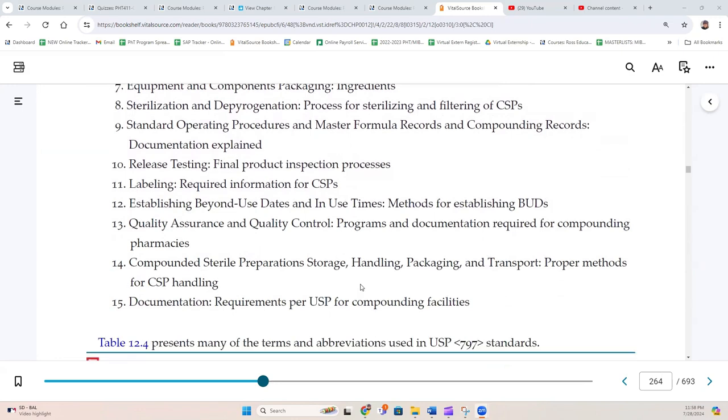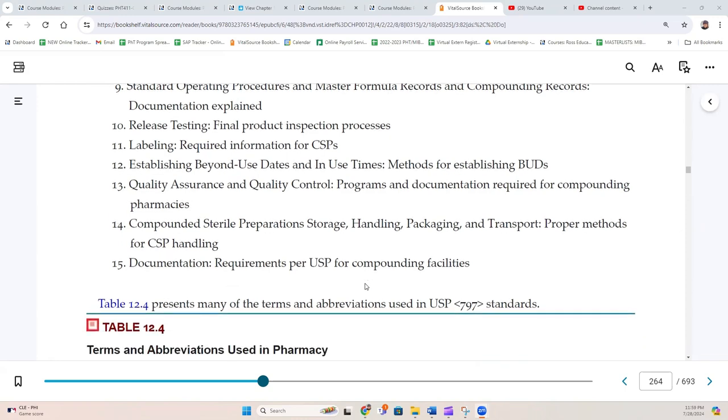Documentation explained. 10, release testing, final product inspection processes. 11, labeling, required information for CSPs. 12, establishing beyond use dates and in use times, methods for establishing BUDs. 13, quality assurance and quality control, programs and documentation required for compounding pharmacies. 14, compounded sterile preparations storage, packaging, and transport, proper methods for CSP handling. And 15, documentation requirements per USP for compounding facilities.